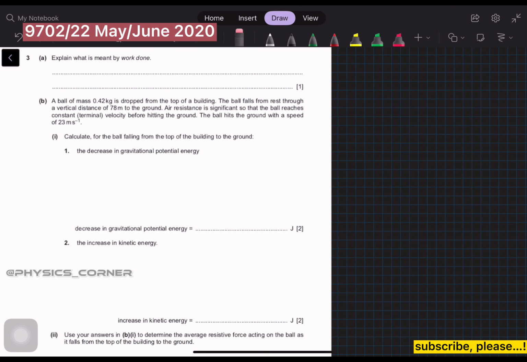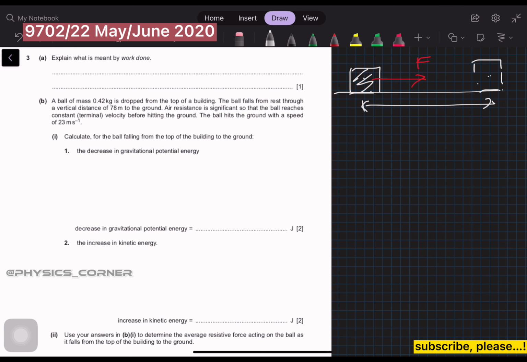Explain what is meant by work done. Okay, work done is when we have, let's say, one block, and we drag it with a force, and it moves to a position like this one.